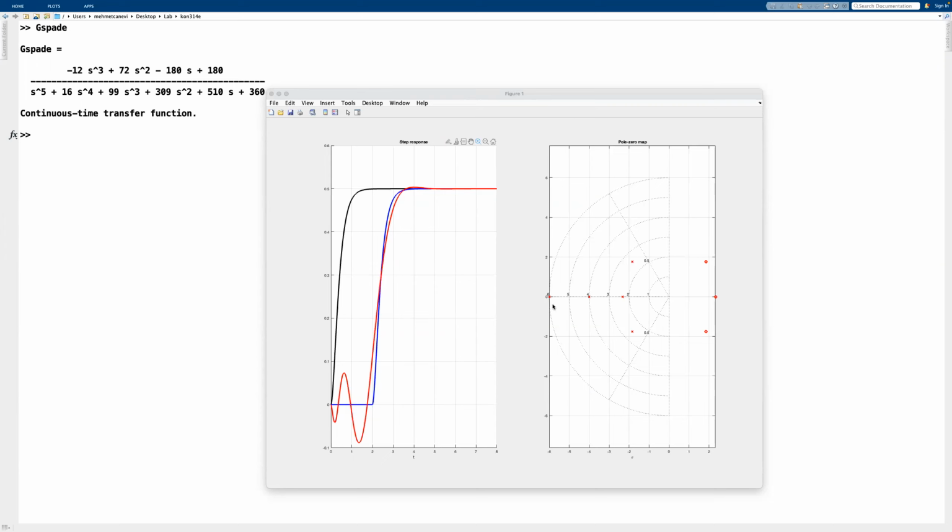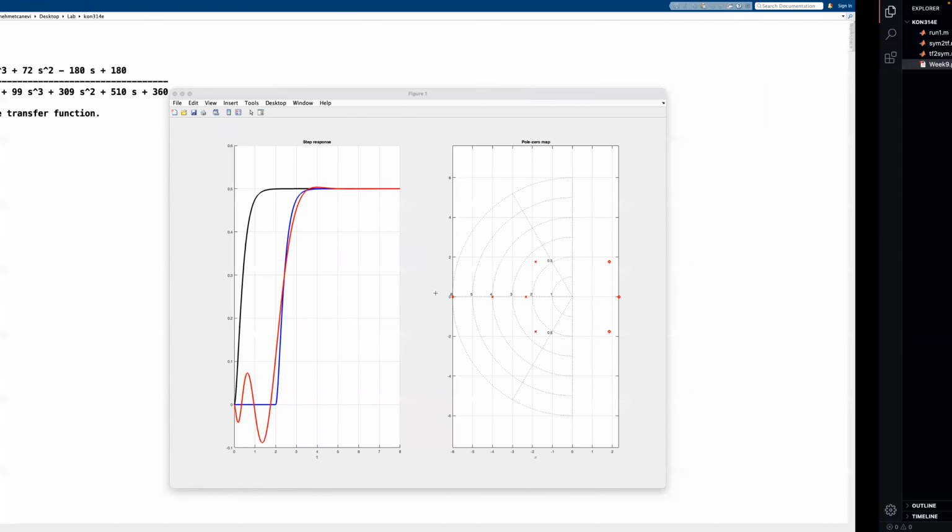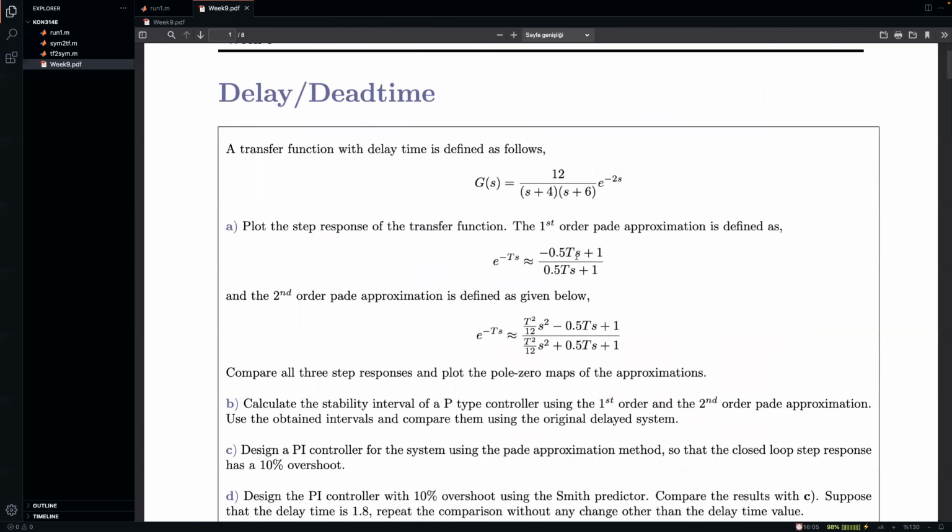We're basically using the right half zeros, namely the undershoots, in order to waste time around the zero axis. And then we're trying to add them together with small peaks so that we end up having the exact same response. So this is a special approximation that is used for delay.